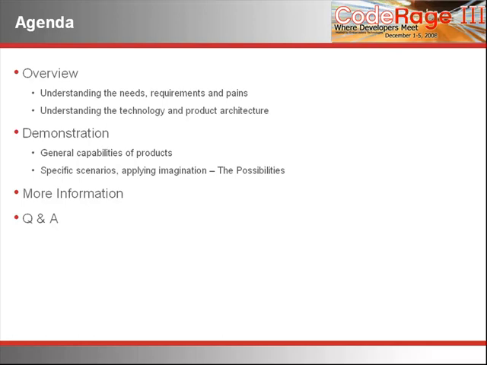In the demonstration, we'll first look at the general capabilities and usage of the product and then go into more specific scenarios, some of which we have received from customers. Then some general information on products and special promotions for CodeRage 3, followed by live Q&A.